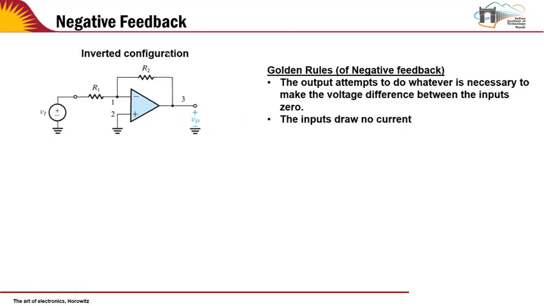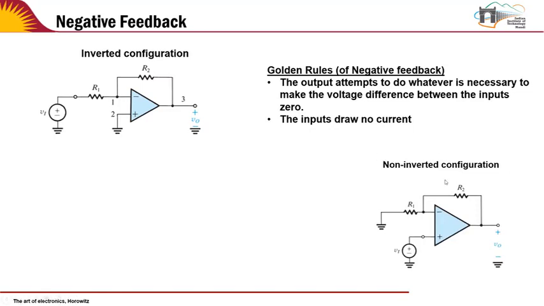First of all, the point you have to notice: when the output is connected to the negative terminal, this is called negative feedback. Then there is something called the inverted configuration within the negative feedback. Inverted configuration means the input is supplied to the negative terminal and the positive terminal is placed at ground. Similarly, you have the non-inverted configuration.